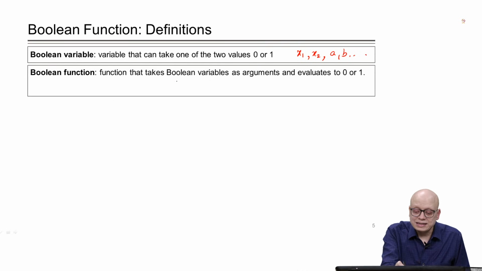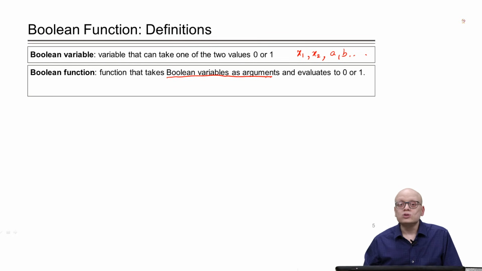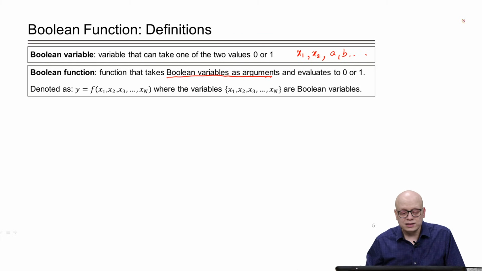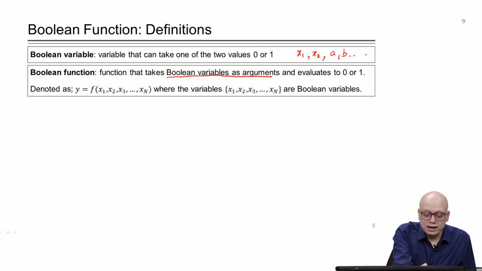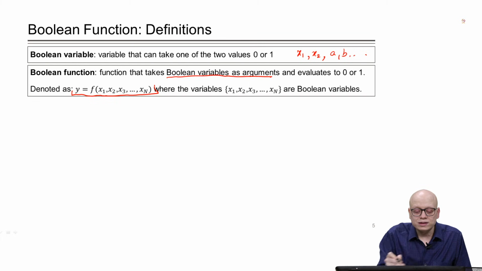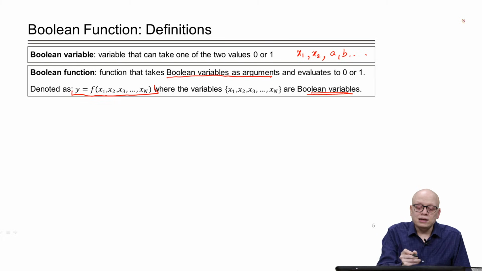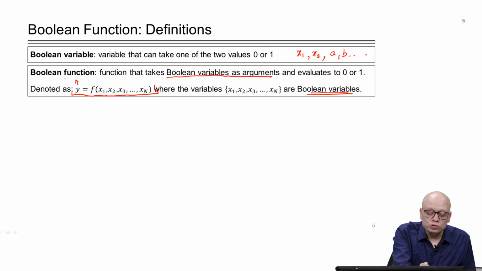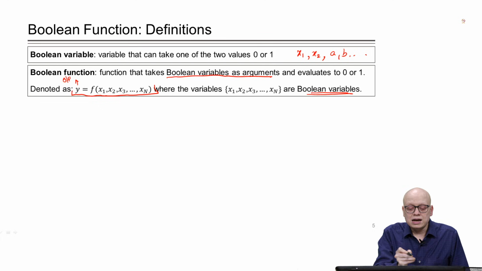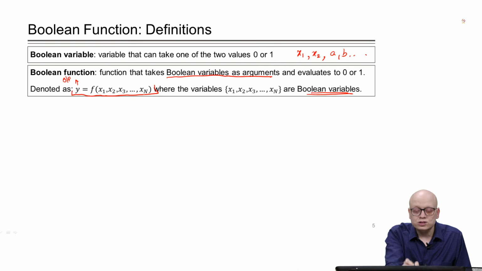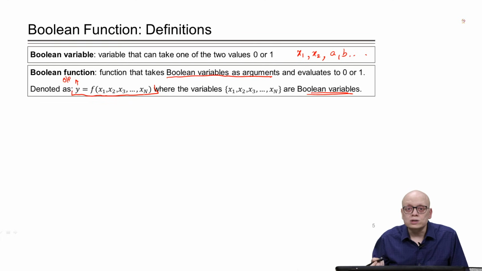A function that takes Boolean variables as arguments and evaluates to 0 or 1. We represent it as y = f(x1, x2, x3, ..., xn), where x1 to xn are Boolean variables. We call y the output of this Boolean function, and the Boolean variables x1 to xn on which the output depends are the inputs to the Boolean function.